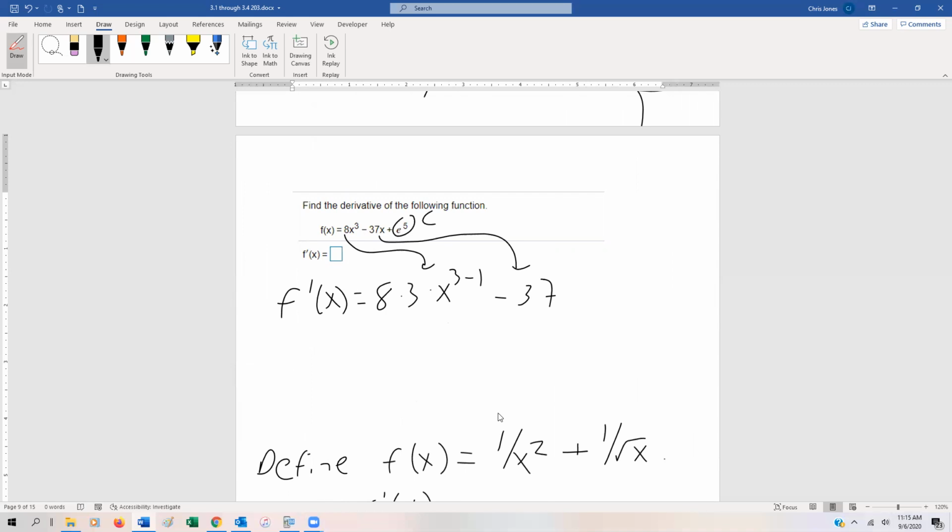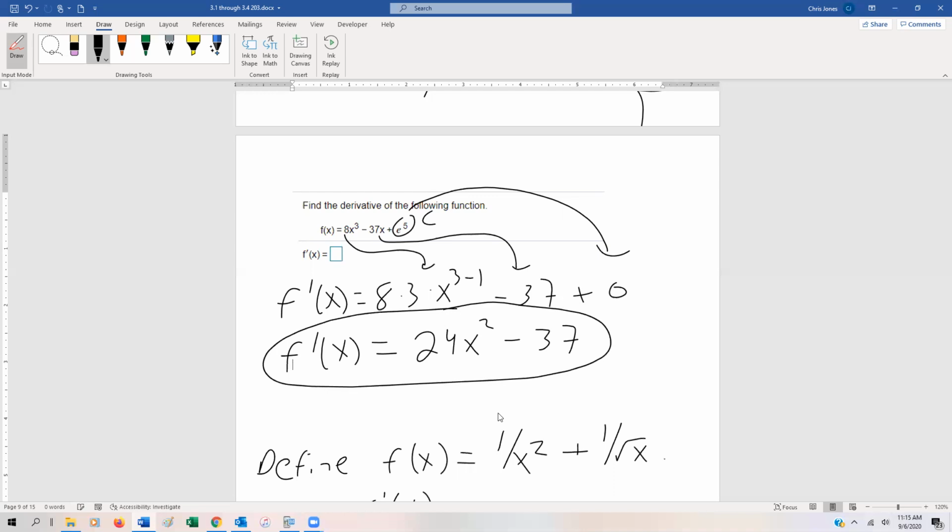It is not e to the x or e to the 5x or anything like that. So that's just a constant, and we know that the derivative of a constant is 0. Be careful with that. Anytime a term does not have an x or a variable in it, it's a constant, so its derivative is 0. So our derivative, in its most simple form, is 24x squared minus 37.